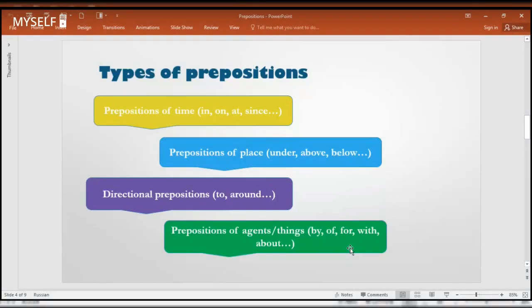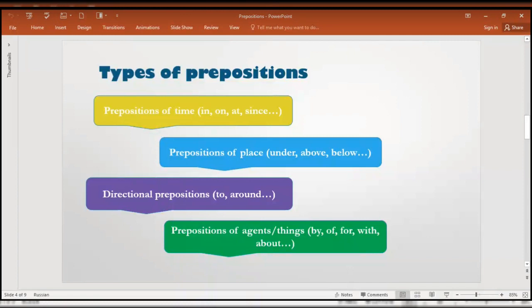The first type is called prepositions of time, and we use this type for showing the exact time when something happened, like in 1995, Toby was born.